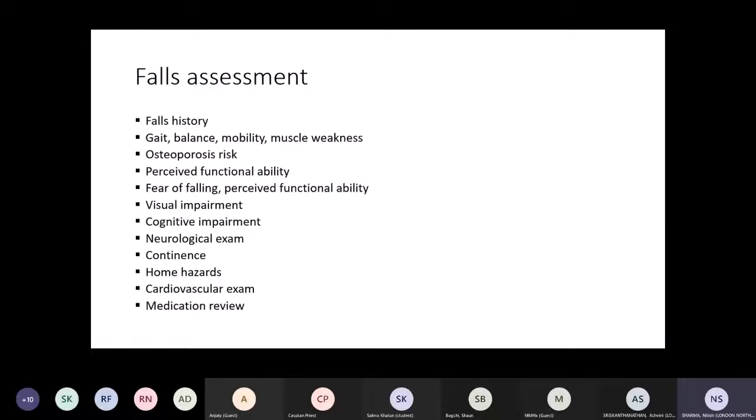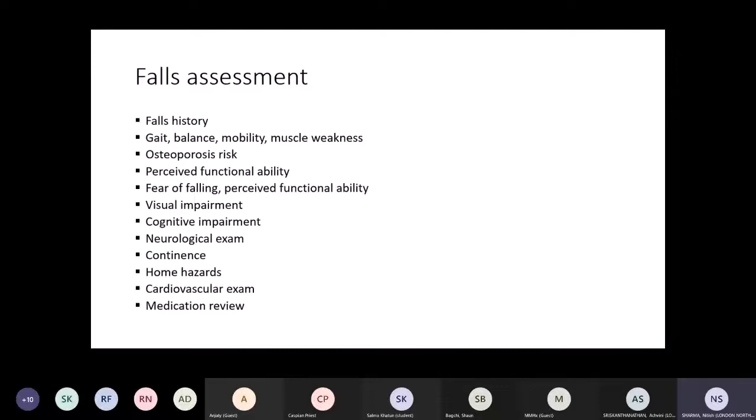Then in elderly patients, it's very important to see if there are any previous investigations, any risk of osteoporosis that could predispose the patient to a fracture. It's also very important that some elderly patients have a fall because they have a fear of falling.